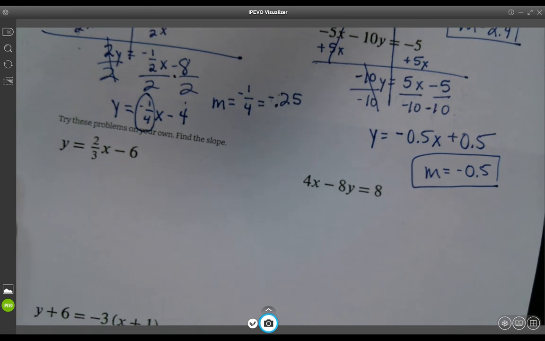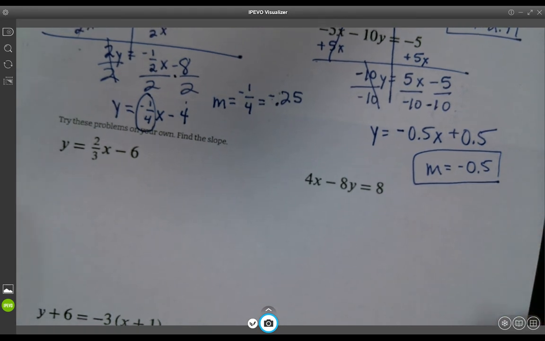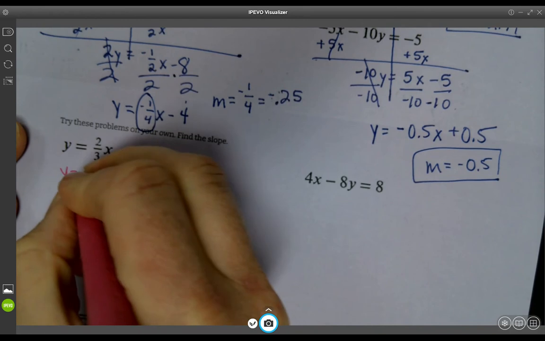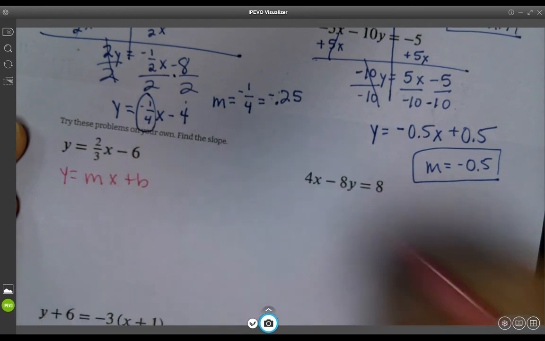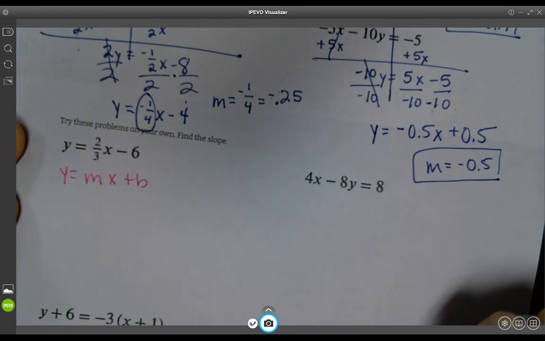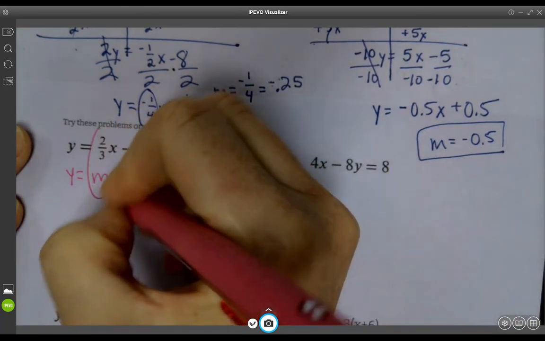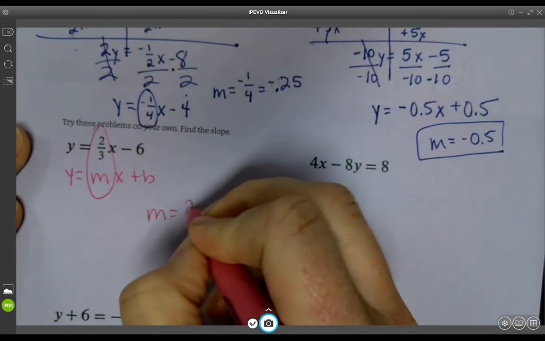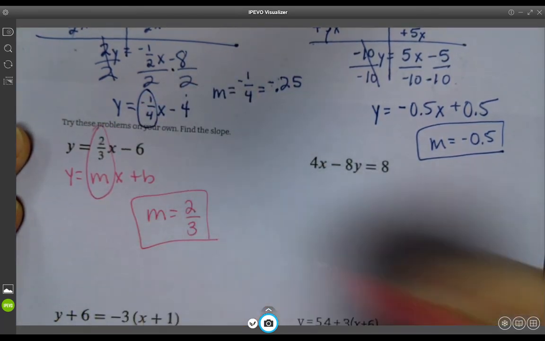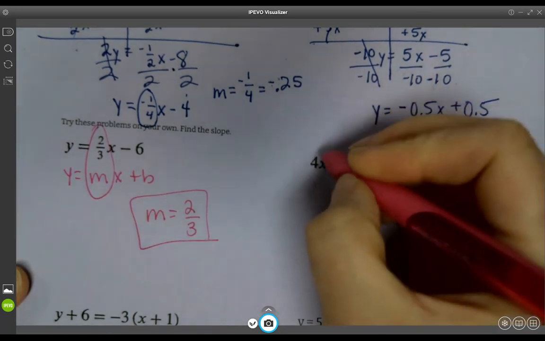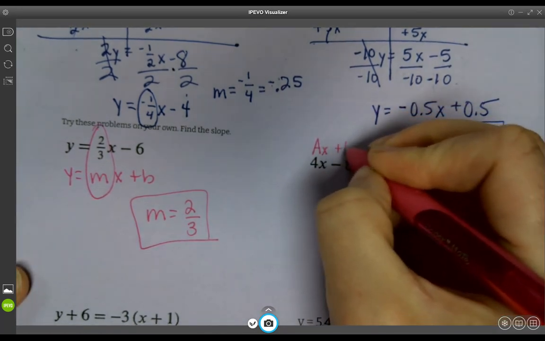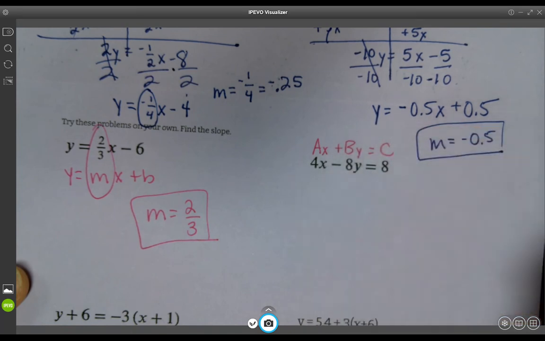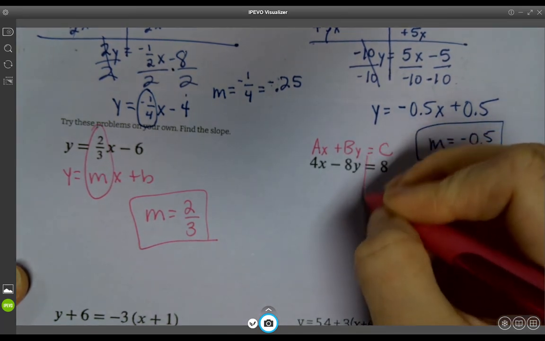So hopefully you've had enough time to do the slope for these 4 and go over the answers. The first is written in the form of y equals mx plus b. So your m is the 2/3. The next one is written in ax plus by equals c. So you can solve for y, or you can do the negative a over b. I'm going to go ahead and solve for y.